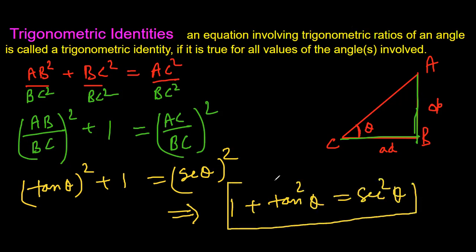So these three trigonometric identities we can get just out of Pythagoras theorem in a right angle triangle. This triangle up here is a right angle triangle. Even these identities can also be written in different ways.